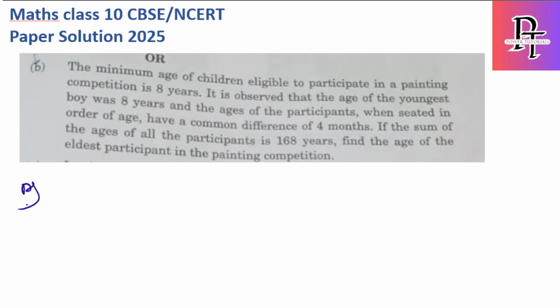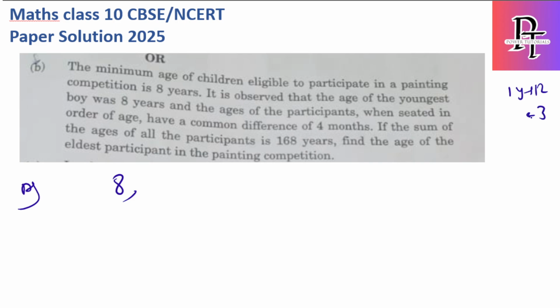The minimum age of children eligible to participate in a painting competition is 8 years. Okay, so minimum is 8. It is observed that the age of the youngest boy was 8 years and the ages of the participants seated in the other orders of age have a common difference of 4 months. So what is 4 months? 1 year is equal to 12 months.